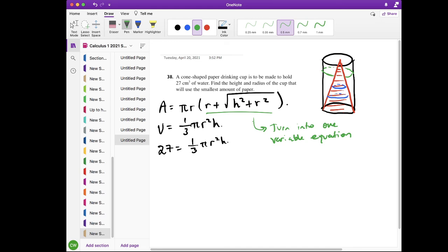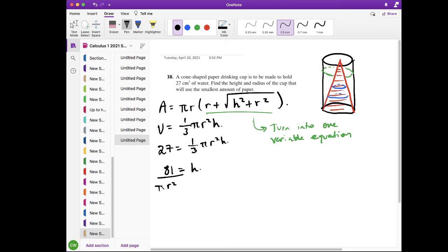So I think we should solve for h, so we can ignore square roots. What's 27 times 3? It's 81. So 81 over pi r squared is equal to h.